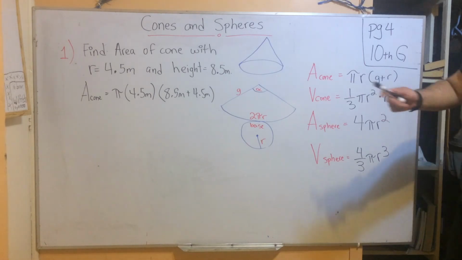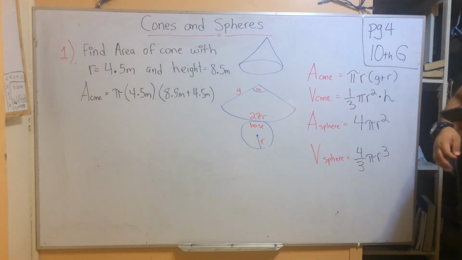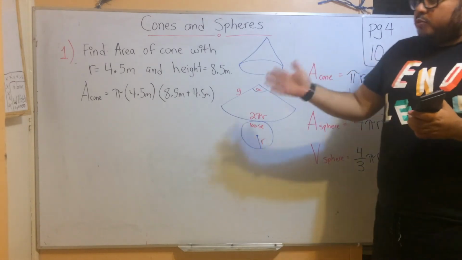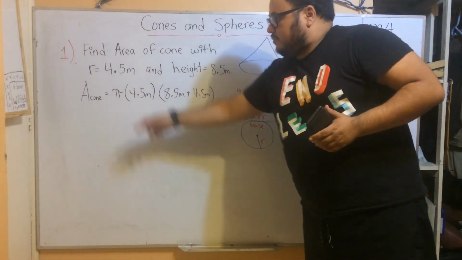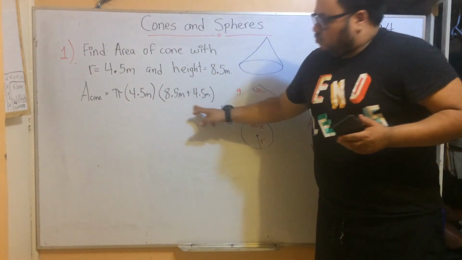So we take our calculators, and we have 8.5 plus 4.5. Here we're using the distributive property, so first here, then times this, then times this. This one gives us 13.